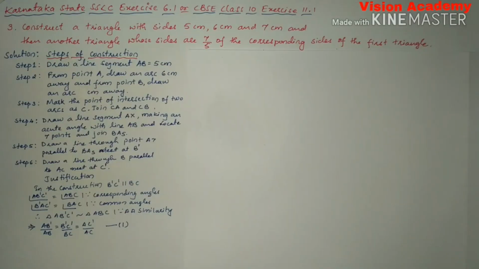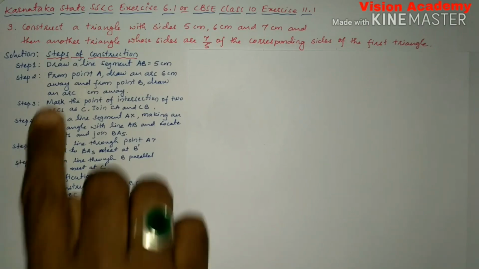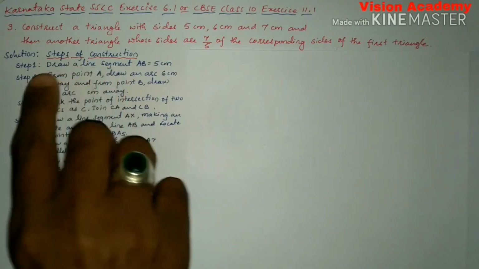Question number 3. Construct a triangle with sides 5 cm, 6 cm and 7 cm, and then another triangle whose sides are 7 by 5 of the corresponding sides of the first triangle. Now let us find the solution for the given problem. Here let us see the steps of construction.